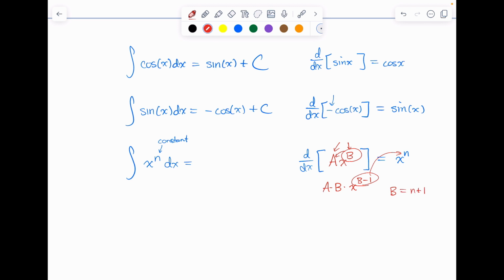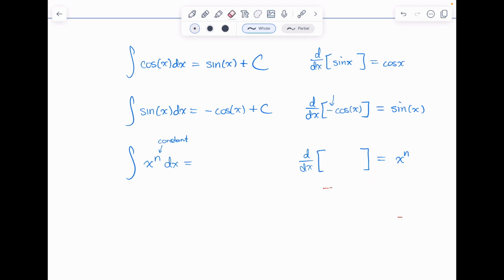If b is n plus 1, and we need a coefficient of 1, what does a need to be? Well, a needs to be 1 over n plus 1. If a times b gives you 1, then a must be the reciprocal of b. So what is this saying? You can rewind if I'm going too fast.